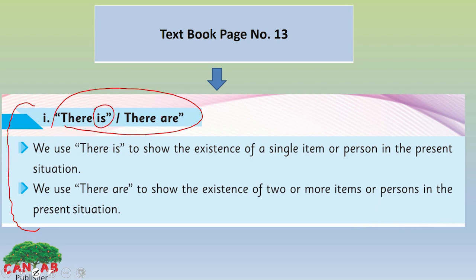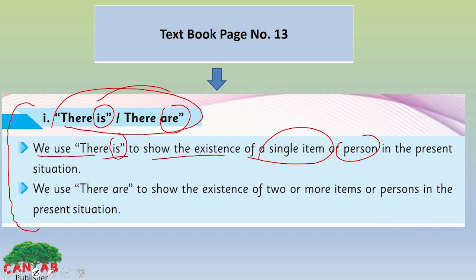Obviously, is and are are helping verbs. It helps us to complete the sentence. And it indicates the present situation. Like we use there is to show the existence of a single item or person in the present situation.